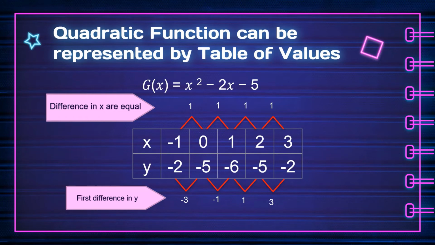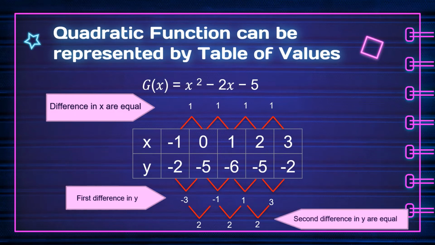Try natin or subukan natin na isubtract ulit yung first differences natin. So 3 minus 1 is 2. 1 minus negative 1 is 2. Negative 1 minus negative 3 is 2. So what do you observe about the second differences in y?